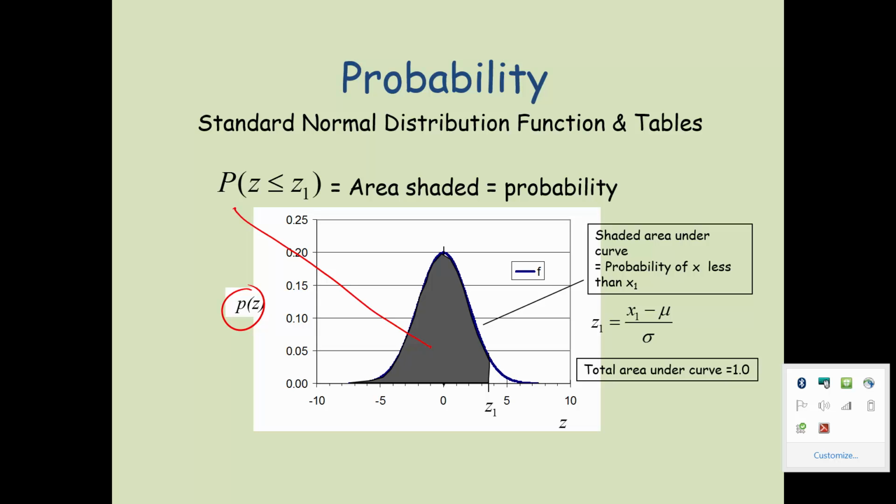It's just the area underneath the curve to the left of the value of z1. That is the shaded area. This is the probability that the value of z will be less than the value z1.